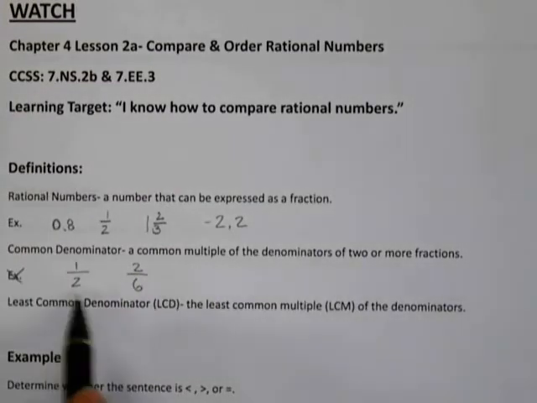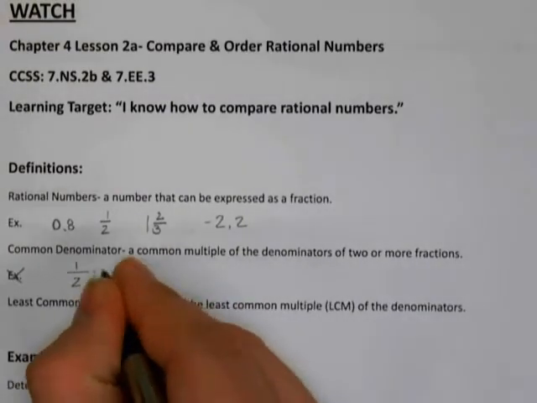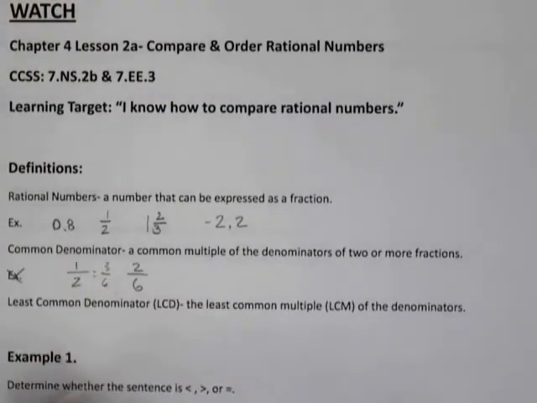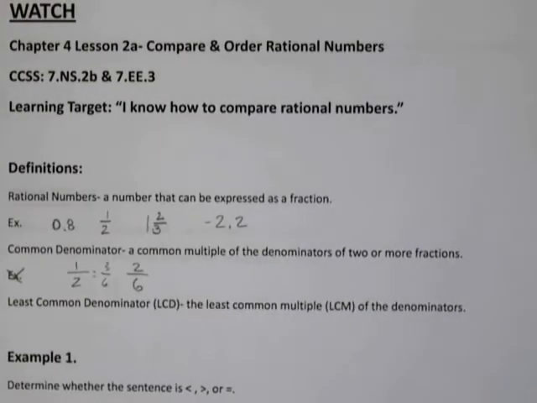Well, 2 goes into 6, so the common multiple would be 6, because you could change this to 3/6, and then there's a common denominator for both fractions. I think you guys already know that. But then we also have the least common denominator, which is the least common multiple, the LCM, of all the denominators.